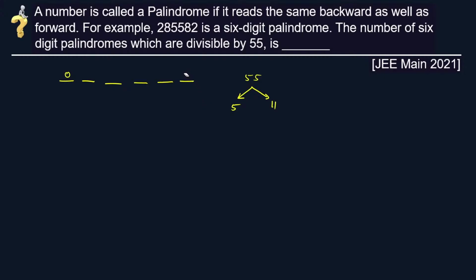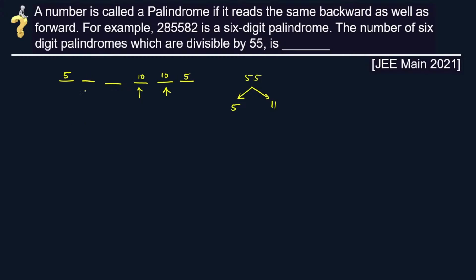If it is divisible by 5, the last digit has to be 5. So this 5 is fixed here. If 5 comes here, naturally 5 will come here. Now, in this place or in this place, whatever number comes, it doesn't matter to me. It is always divisible by 5. So this place can be filled in 10 different ways. This place can be filled in 10 different ways.